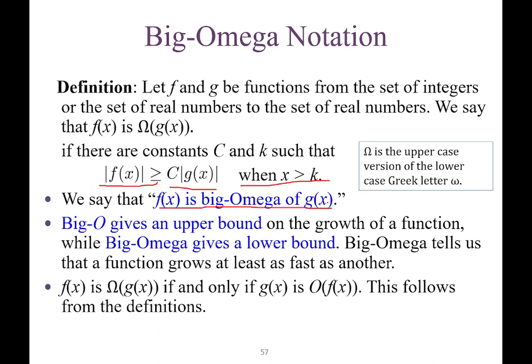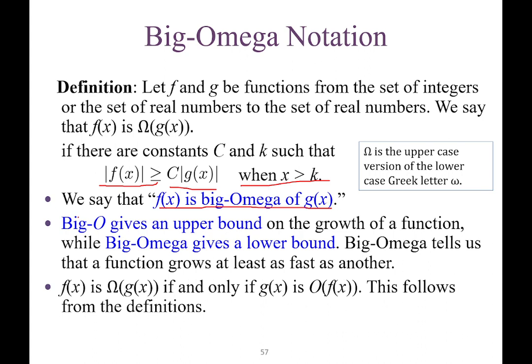Once f of x always dominates g of x, you can consider g of x the lower bound of the function f of x. That's the reason we call it the opposite of big O notation, because with big omega we just discover its lower bound. When it grows faster, at least it is larger than the other function g of x. We call this the big omega function.